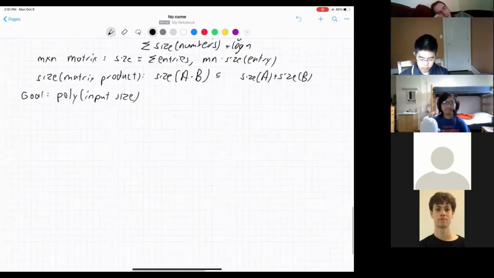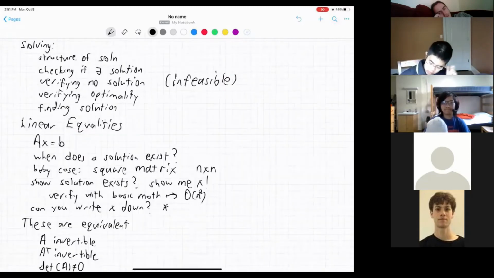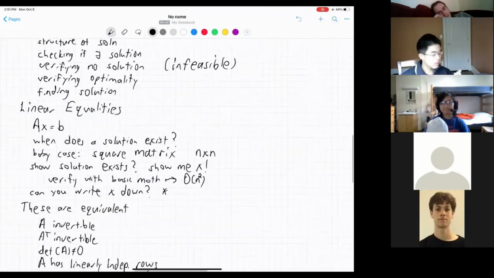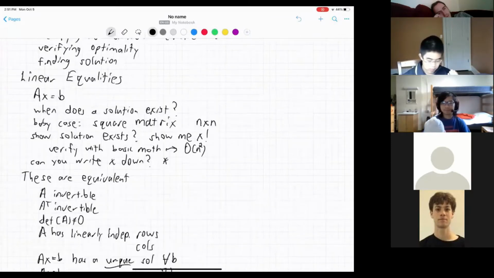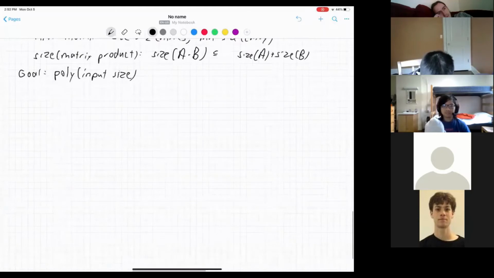So the worry is if I give you a matrix with numbers of certain size, that the value x that solves that matrix may involve numbers that have many, many bits. And so just writing down the solution may take space and time that is not polynomial in the size of the input matrix and constraints A and B. So the first thing we have to do is do away with that worry.